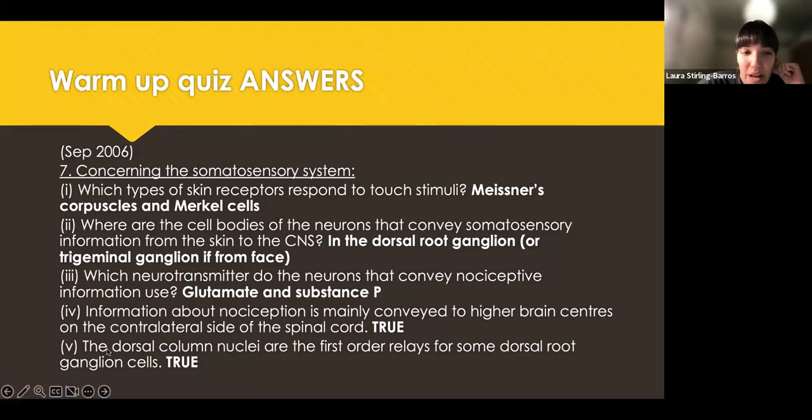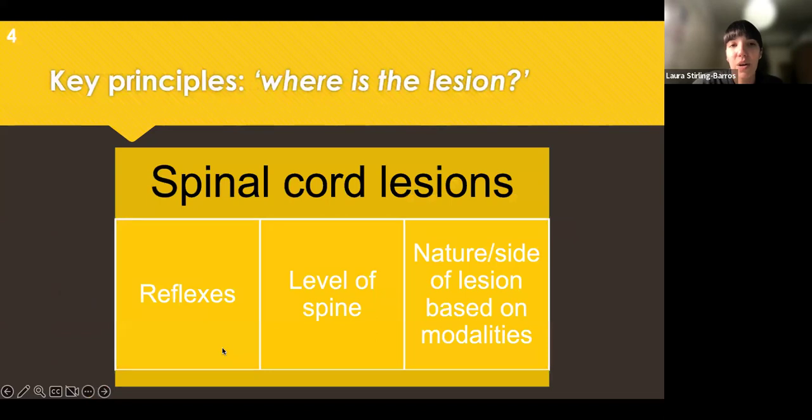And finally, the dorsal column nuclei are the first order relays for some dorsal root ganglion cells. This is true. The dorsal root ganglion cells also have the cell bodies for the anterolateral system and some for a proprioceptive system. However, this question is just asking us whether the dorsal column nuclei are one of them, and yes, they are. Good.